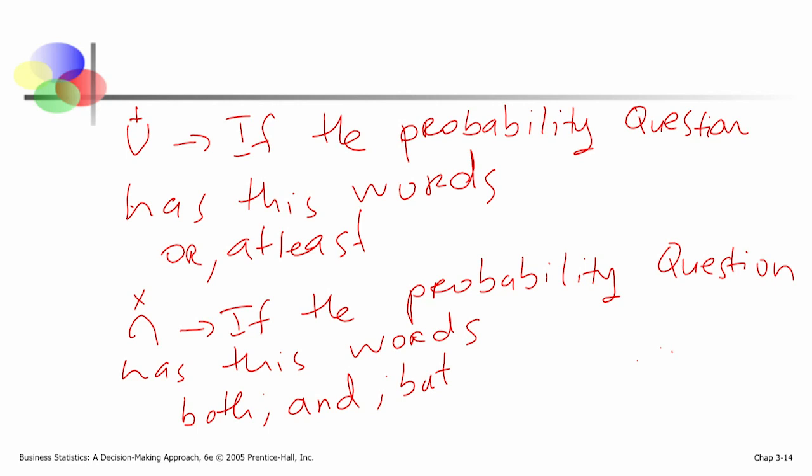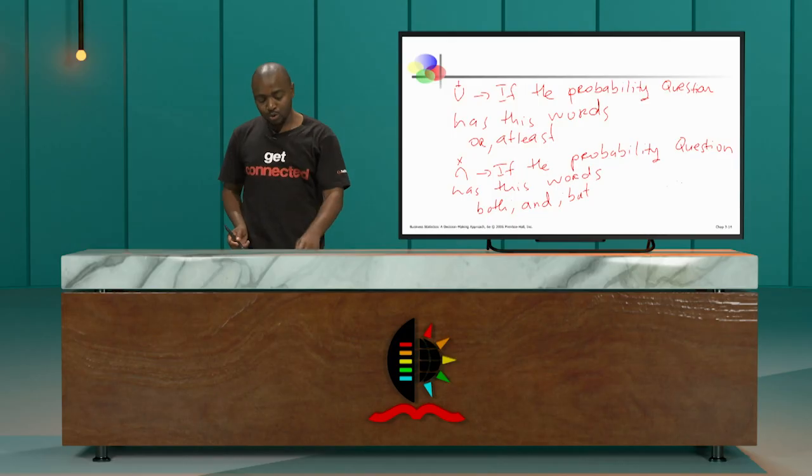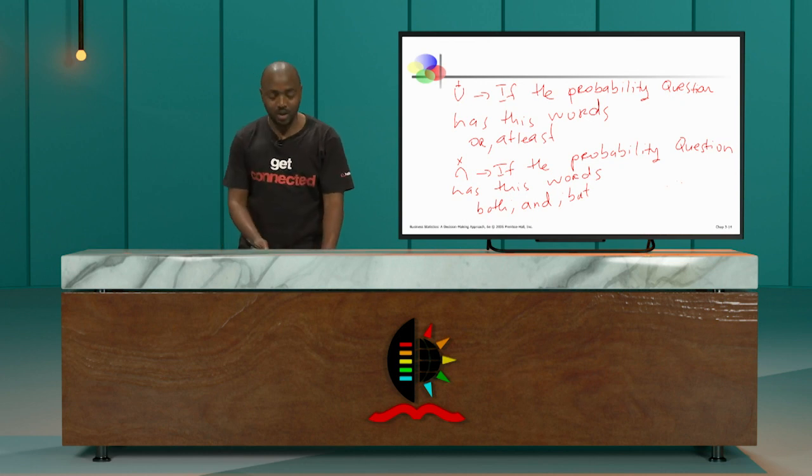Again, like I've mentioned, this is addition and this is multiplication. You see it's the addition rule, so this means you've got two or more events which can't happen simultaneously.